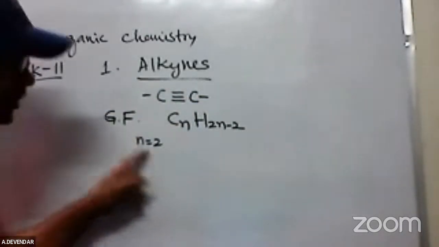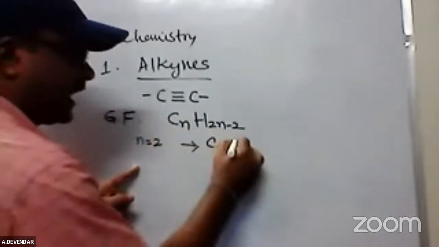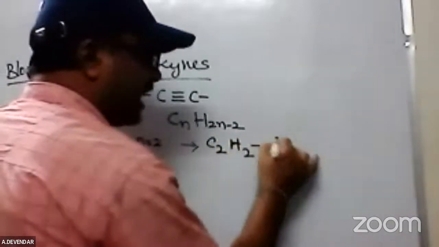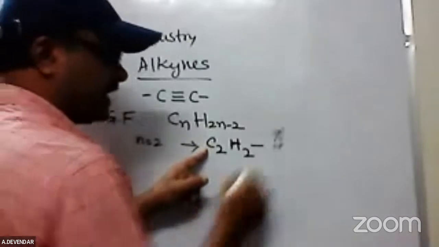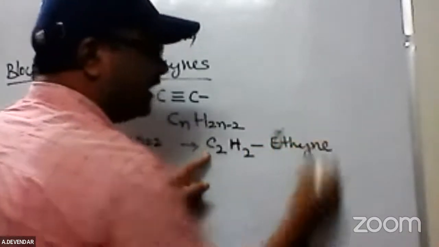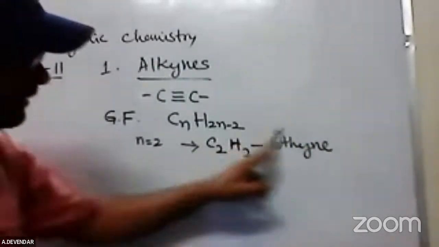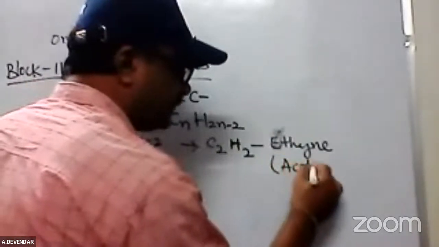If n is 2, the compound is C2H2. The IUPAC name for the 2-carbon compound is ethyne. Ethyne is the IUPAC name, but the common name is acetylene.